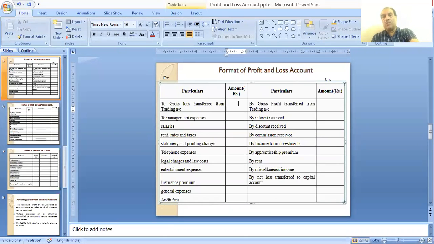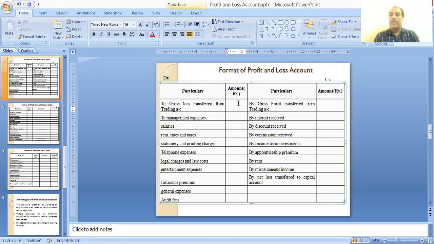If there is gross loss, it is debited, written on the debit side as 'to gross loss transferred from trading account'. If it is profit, it is credited as 'by gross profit transferred from trading account', and then we write the amount.